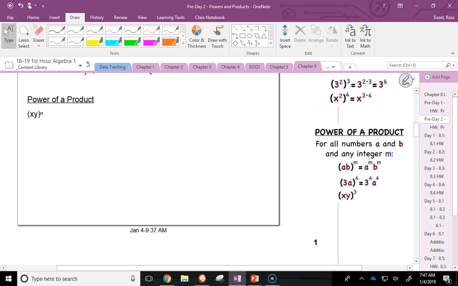So this would end up going to the x, and I would have x to the n power, and I would have y to the n power. Do you have to put a sign in between them? No, if you just have variables that are together.